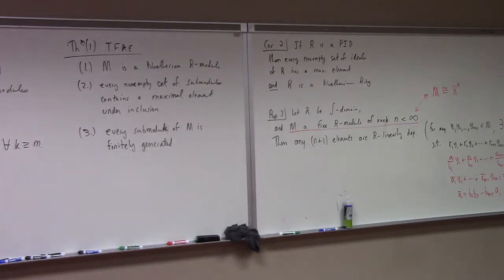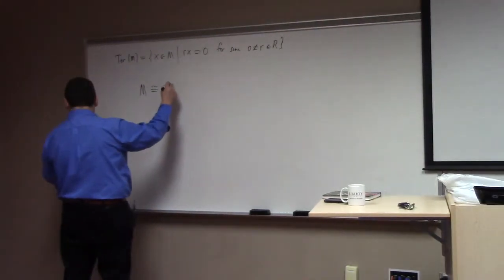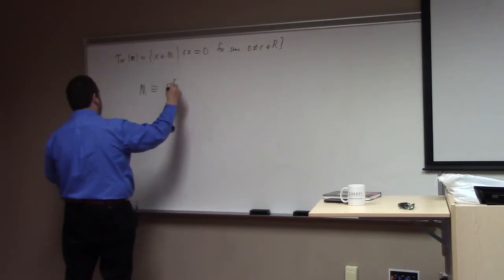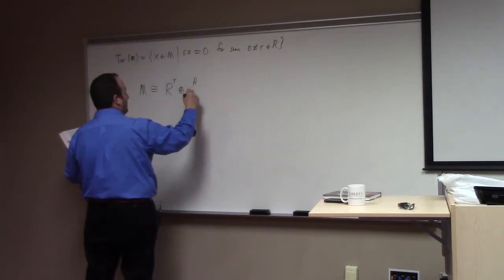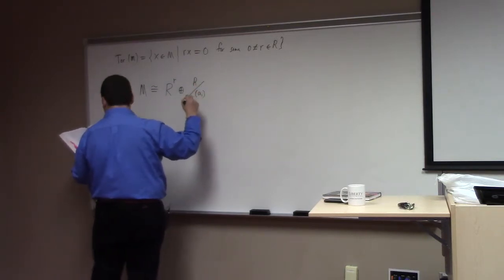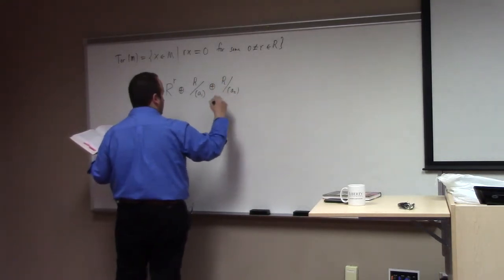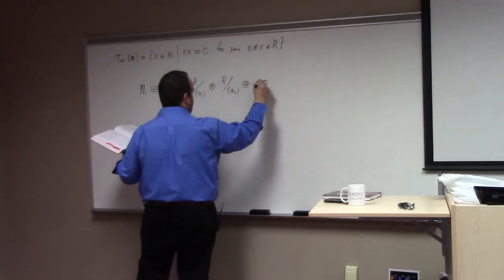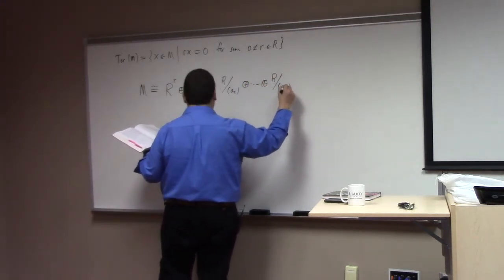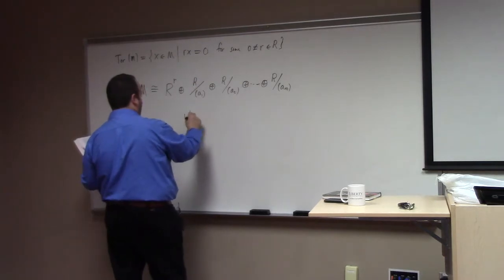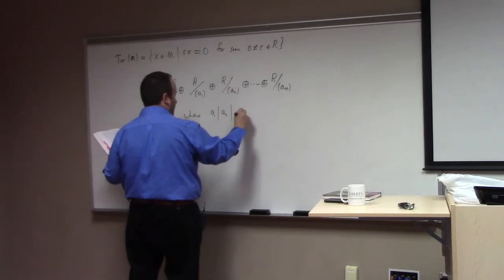So if M meets the finiteness condition, then it's isomorphic to the ring R to the r, direct sum with R mod the principal ideal generated by A1, direct sum with R mod the principal ideal generated by A2, direct sum, ... R mod the principal ideal generated by AM, where A1 divides A2 divides ... divides AM.